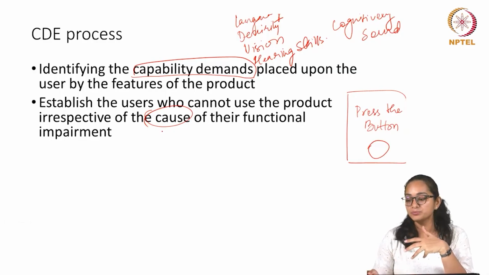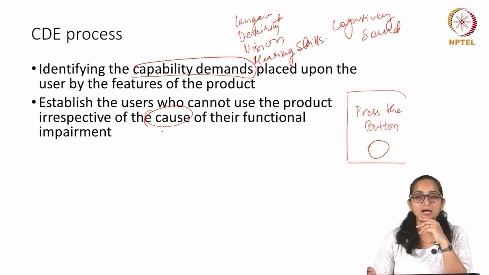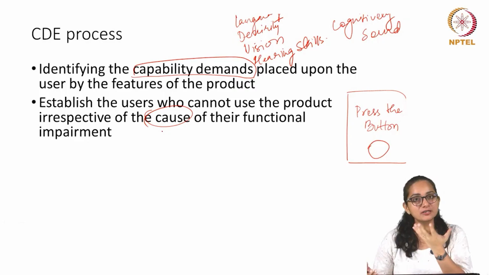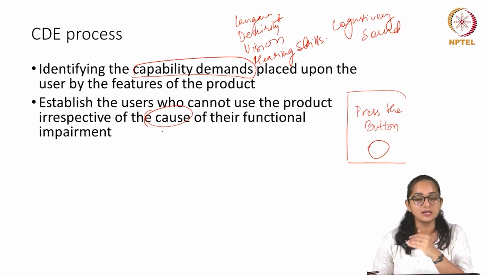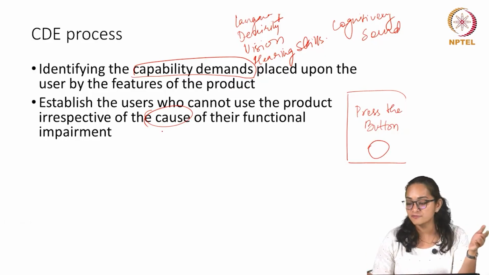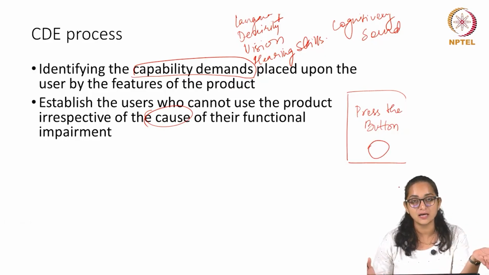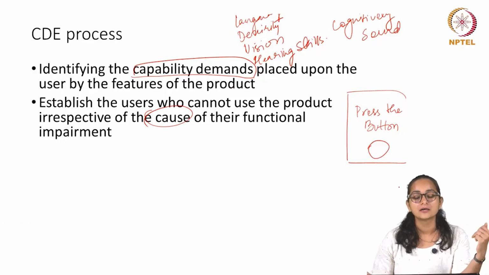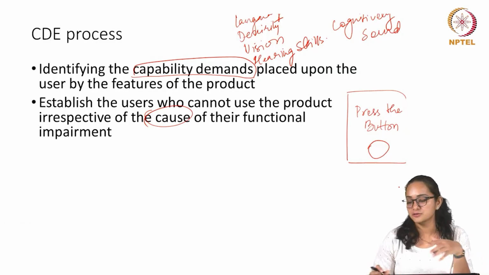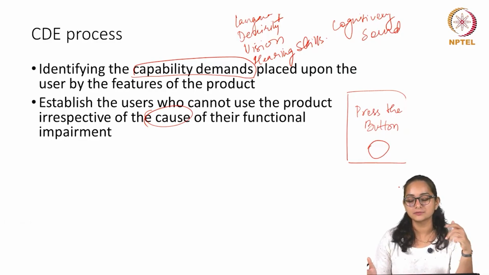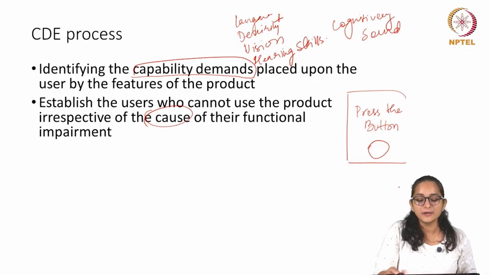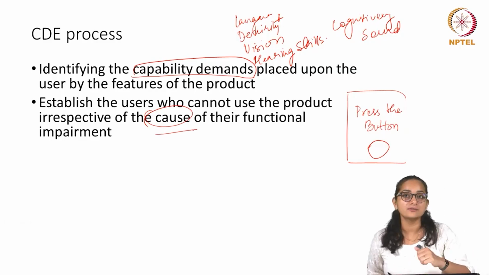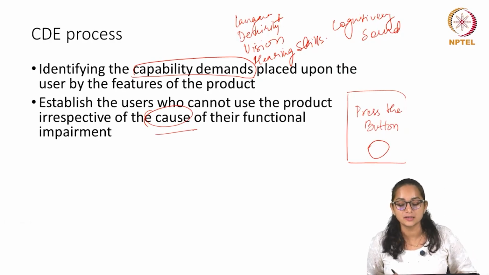So, for example, if this interface is not a digital interface, if it is placed in a factory and it is pitch dark, I will not be able to locate this button and will not be able to press it. If there is no visual, this thing. So then, irrespective of the cause of their impairment, that is why we are putting it here.